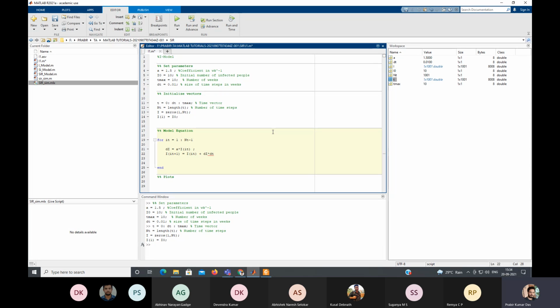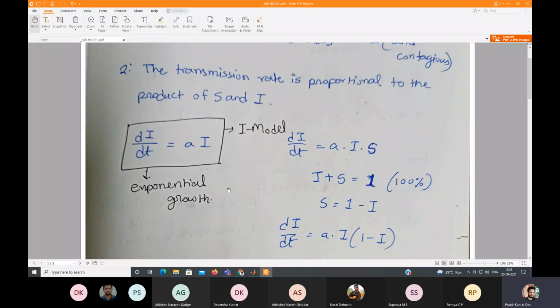This is a pure derivative equation. If you calculate this di, what does it look like? I of it plus 1 is just a dummy variable for the time axis, the time point. So (I(it+1) minus I(it)) divided by dt. This is the form of a derivative, and that is equal to di. In this way we calculate this. So this is how we code this equation.